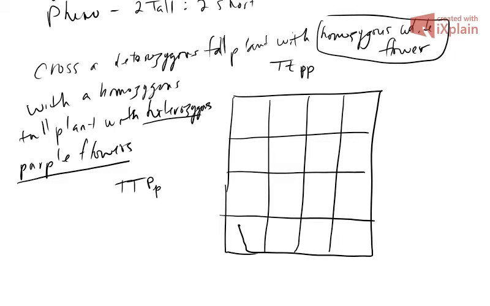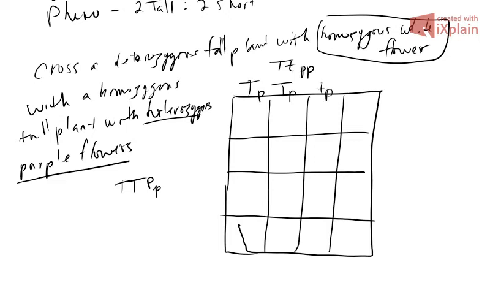Now let's look at our combination of alleles. What are the possible combinations? We do FOIL: first, outer, inner, last. The first here would give us capital T, lowercase p. Outer would also give us capital T, lowercase p. Inner would give us little t, little p.